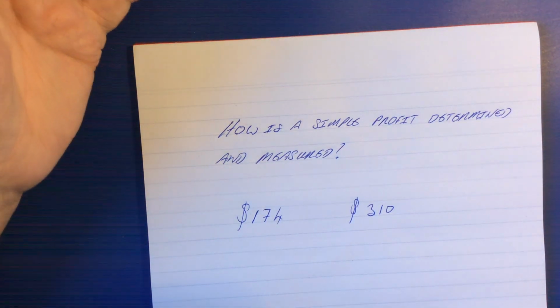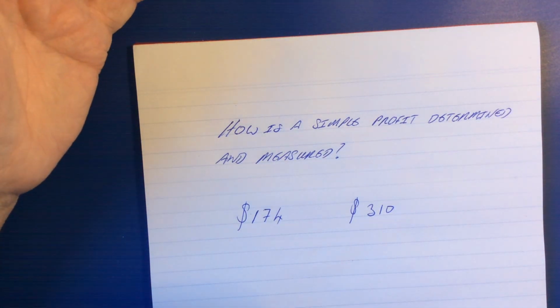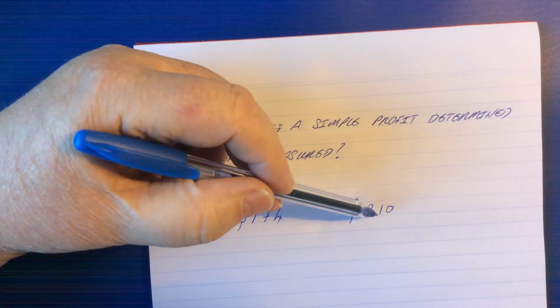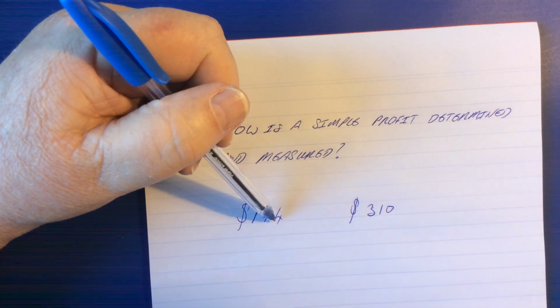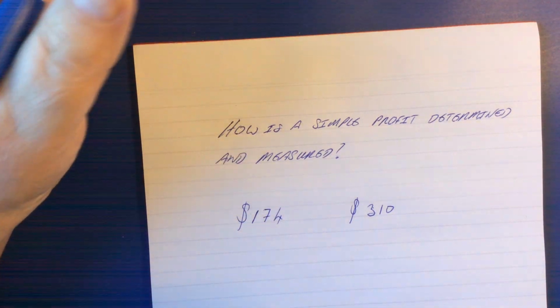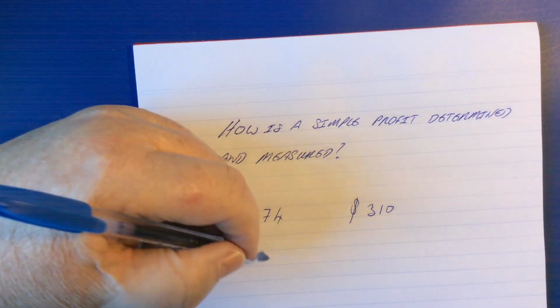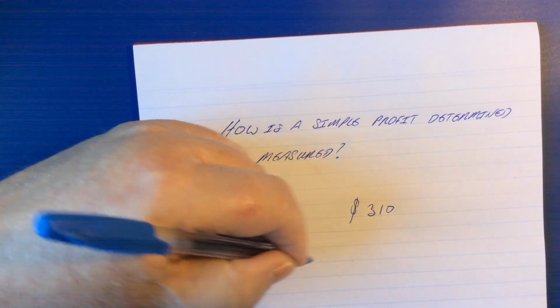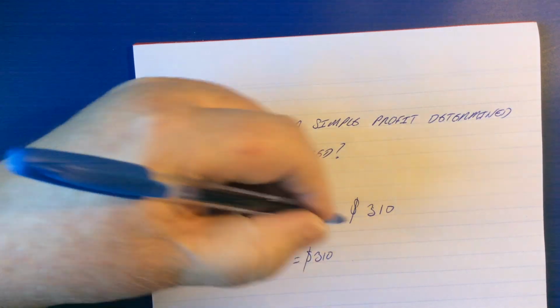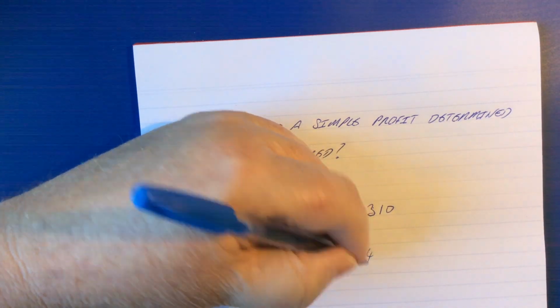Okay, so how do we determine the profit? Well, that's pretty simple, I hope. It is the difference between this and this, provided there are no other costs. Now we're going to assume that there are no other costs. So profit is equal to 310 minus 174.